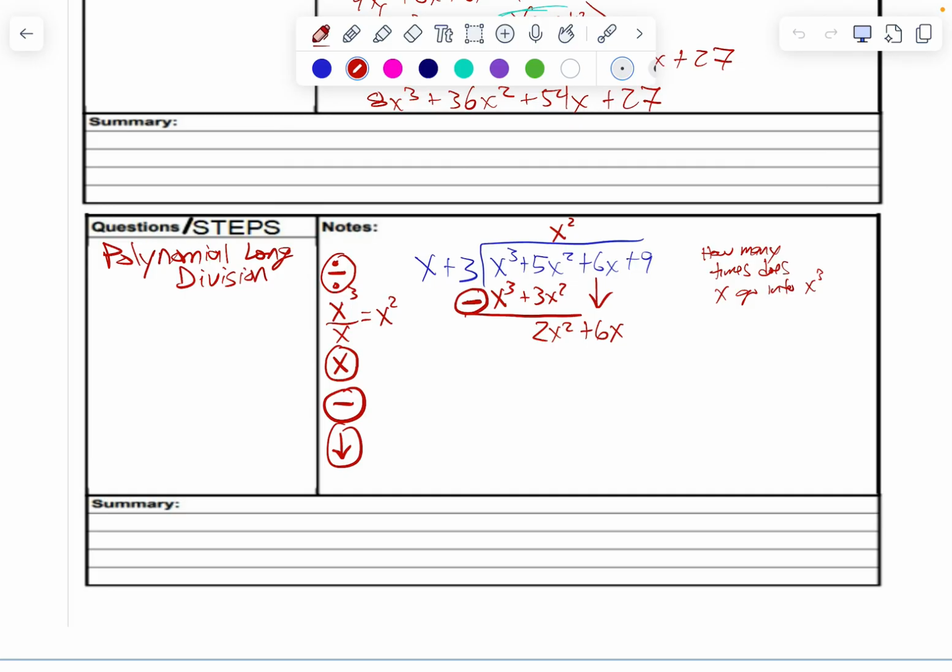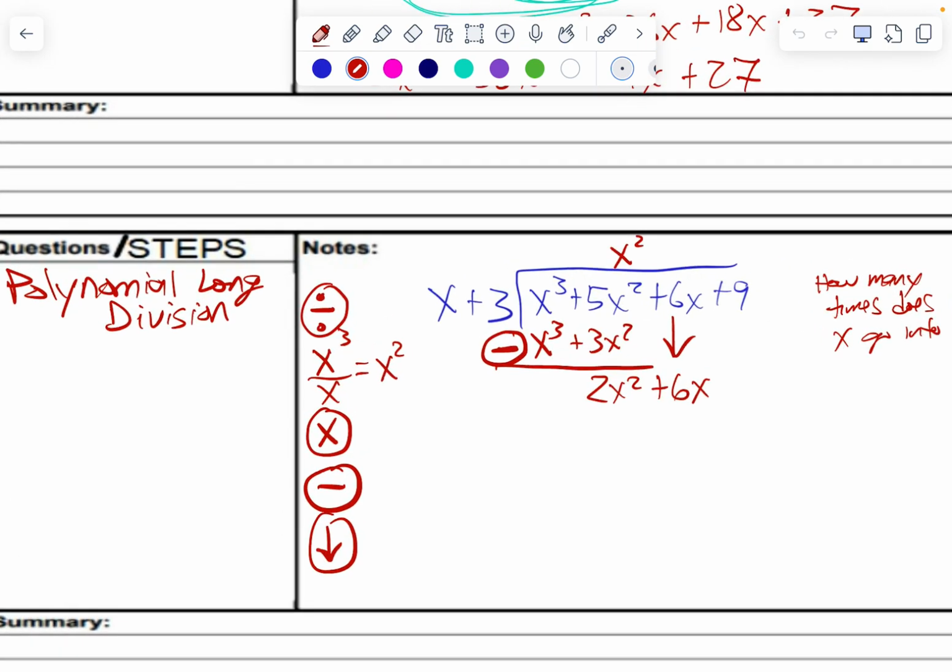In polynomial long division, we're only asking how many times this first piece, it's always going to be some version of x, maybe x squared, x cubed, goes in. That's the only thing we're going to ask. We don't care about the rest of it. In fact, let's make a note of that right now.